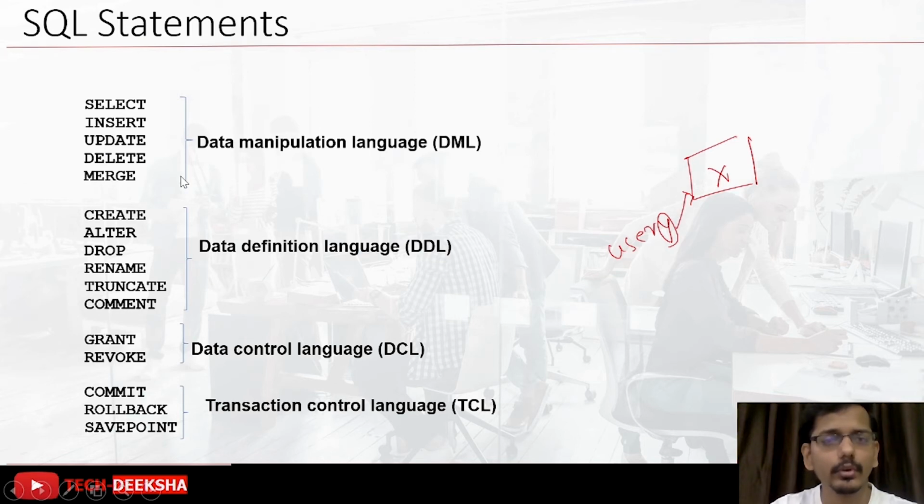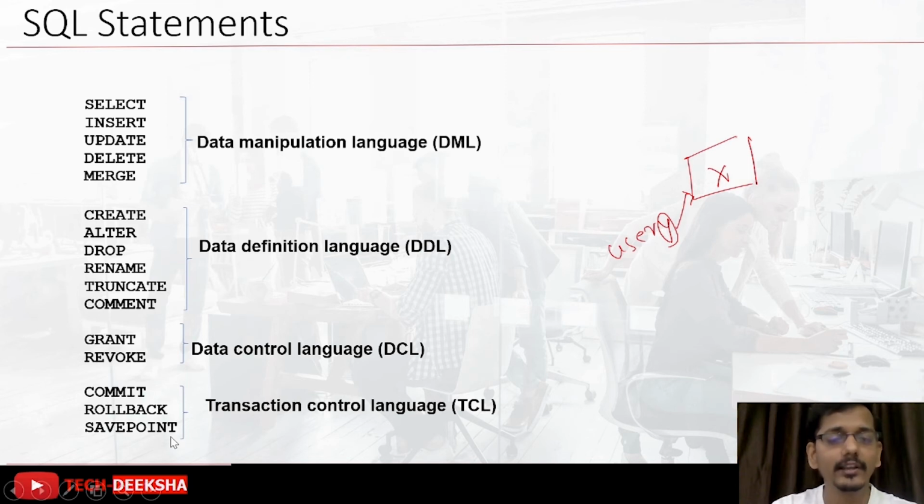Once we think that my data is correct and I want to store this data permanently, at that time we execute the commit statement. And if you think that this data is not correct and we want to remove it, we can simply roll back that transaction, and that data won't get saved into your database.